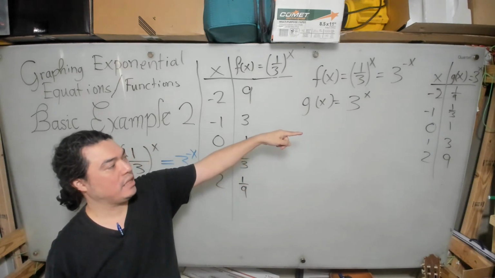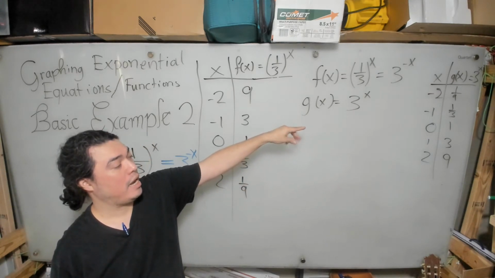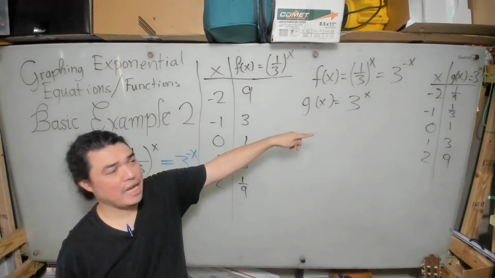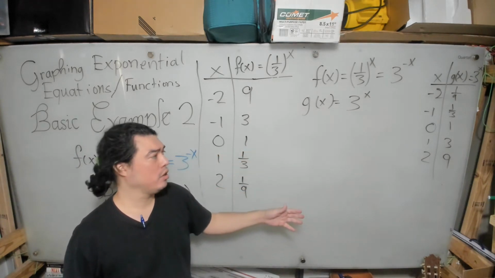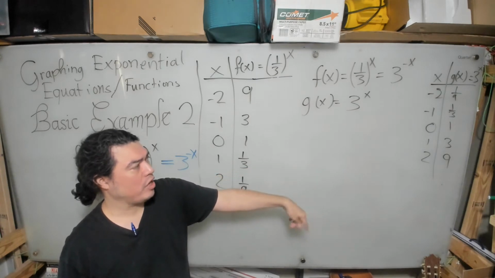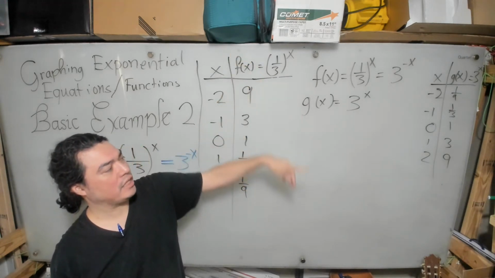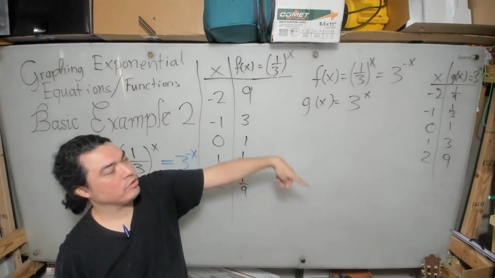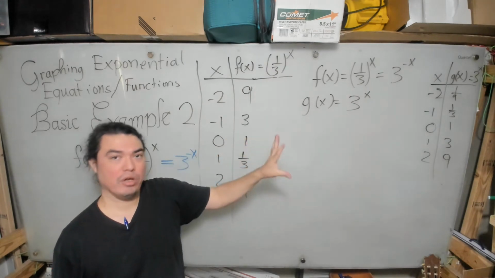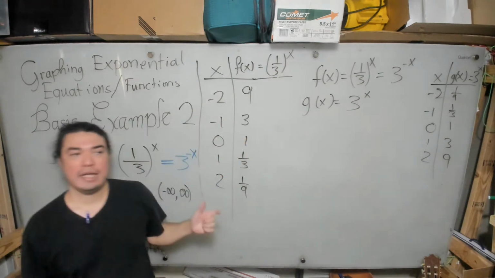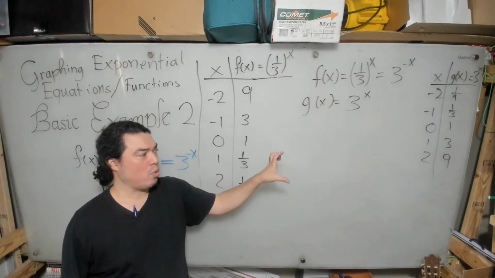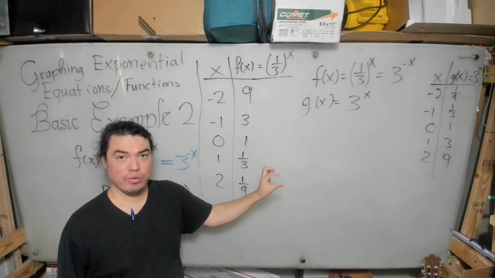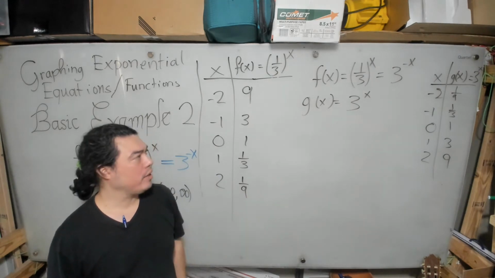That is, as x goes off to positive infinity, as x gets larger, the y values get larger, and as x goes to negative infinity, as the x values get smaller, the y values also get smaller. But we saw in that case, as x goes more and more negative, the y values get closer and closer to 0, but never touch 0.